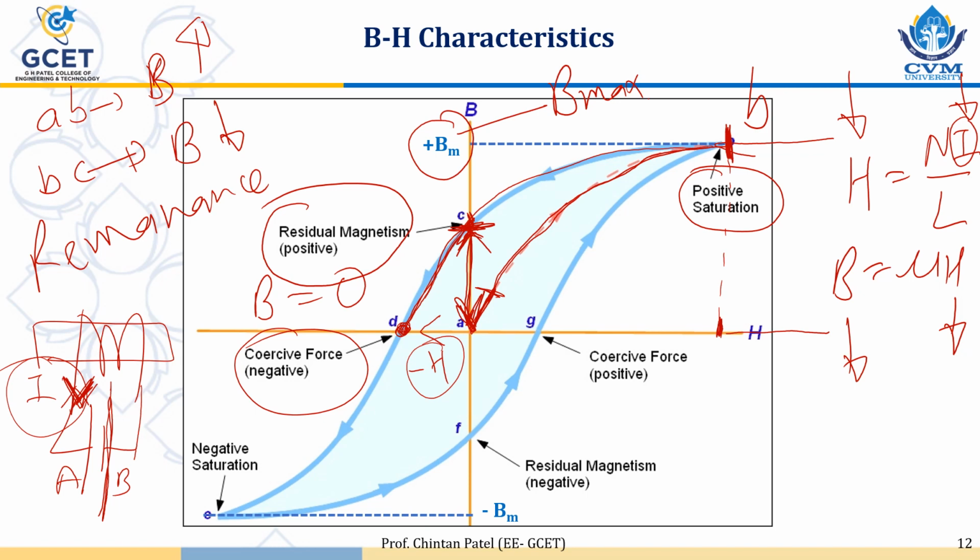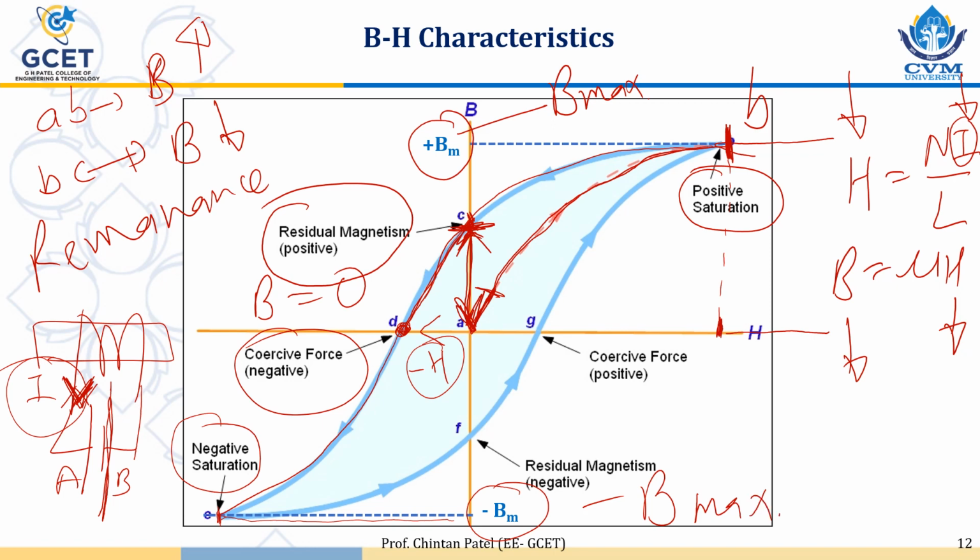If we still increase the magnetizing force in negative direction, magnetic flux density will be set up in opposite direction. So it will follow this path from D to E, and this E is negative saturation like positive saturation. Now in negative direction the saturation will be attained, and this maximum value of flux density is called minus B max.